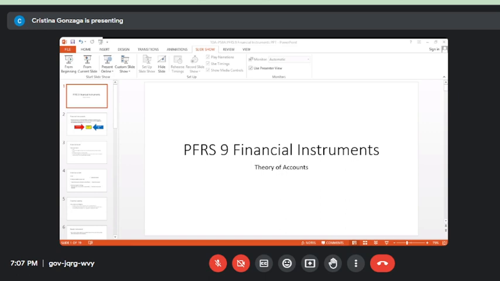Kapag nag-fail siya doon sa cash flow or SPPI test, automatically, it will no longer undergo business model test. Kasi the mere failure in cash flow or SPPI test would call for a classification which is, as I said, the default classification, and that is fair value through P&L.